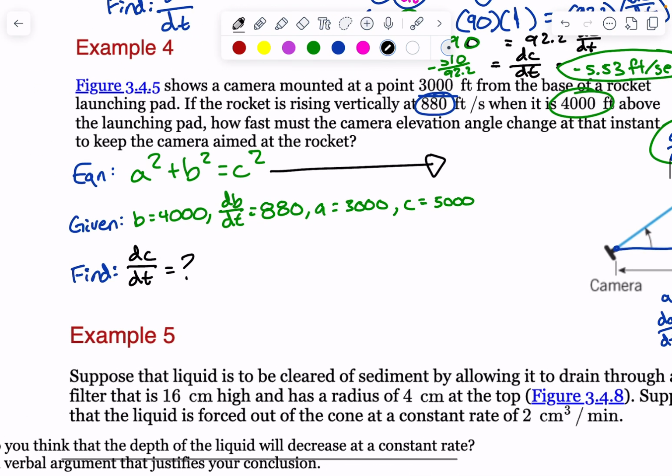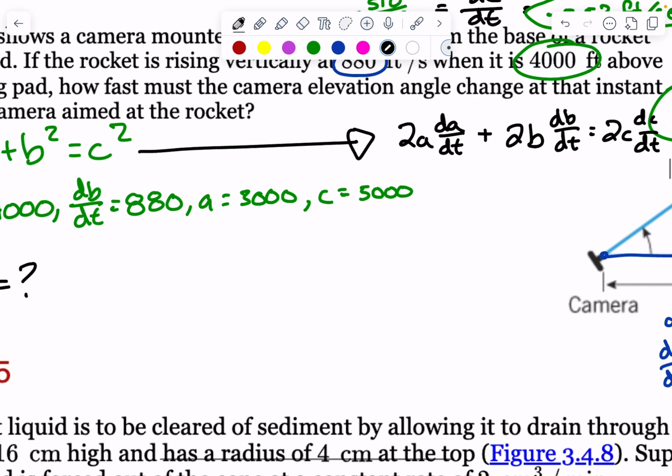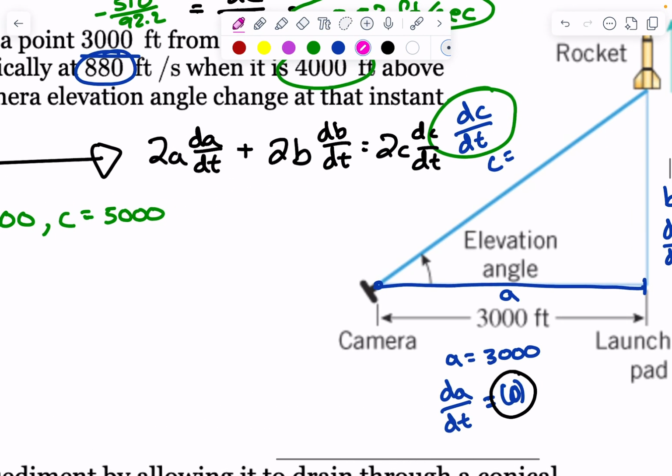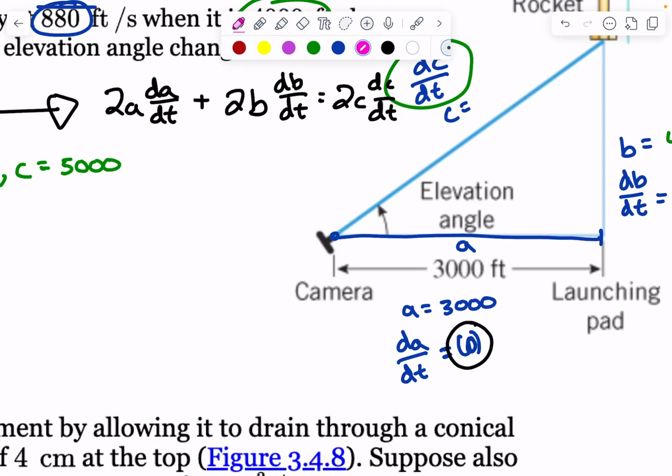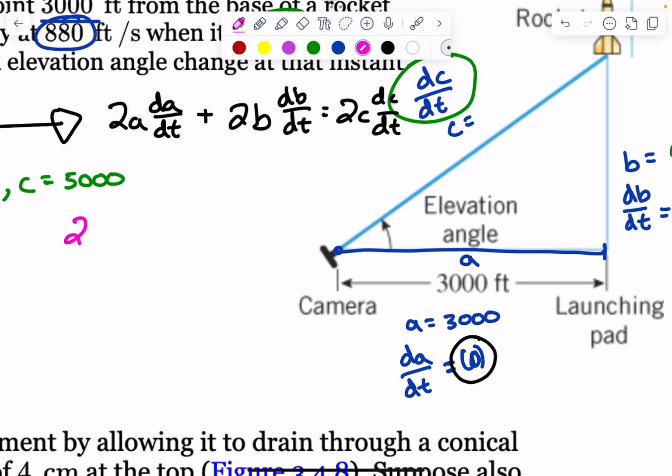We find the derivative, and that is 2A dA/dt plus 2B dB/dt equals 2C dC/dt. Okay? And we start plugging things in. Like A is 3,000. dA/dt is 0 because it's not changing.